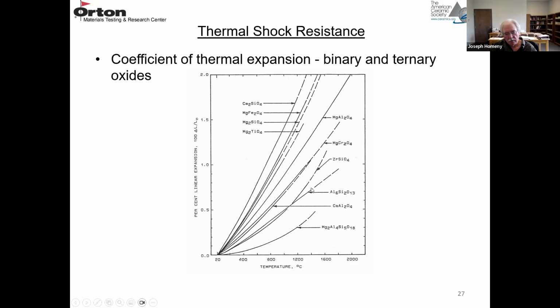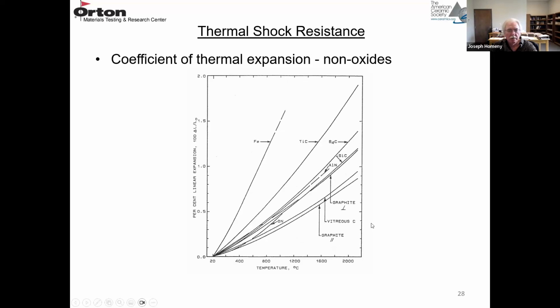Here's zircon, it's starting to go down. And then here's mullite, Al6Si2O13. It's pretty low. So mullite has pretty good thermal shock resistance. And then this is a cordierite structure. It's pretty low, but again, it's not a high temperature refractory material. So mullite has advantages, and so does zircon for thermal shock resistance.